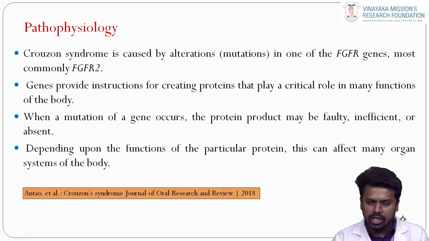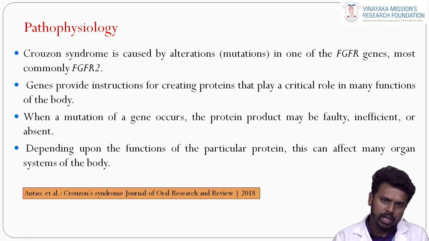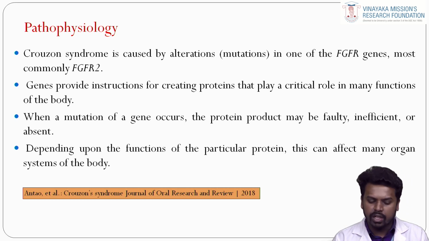The pathophysiology of Crouzon syndrome occurs due to a genetic variation like mutations in one of the FGFR genes, most commonly the FGFR2 gene, which causes the genetic mutation of Crouzon syndrome. It also can be environmental. Genes provide instructions for creating proteins that play a critical role in many functions of the body.